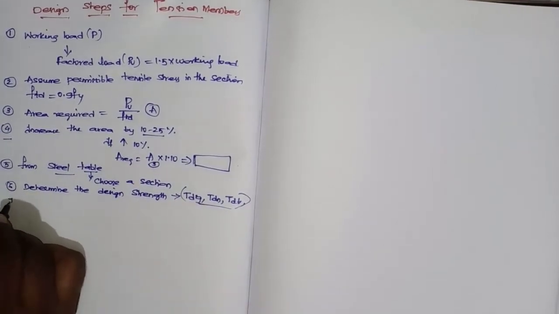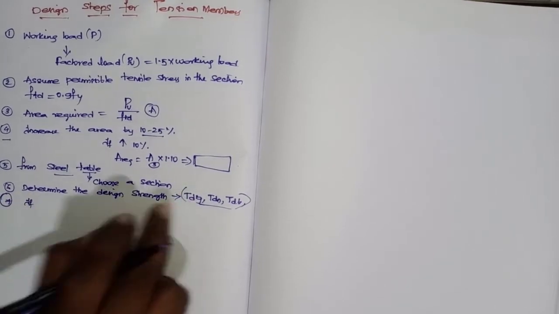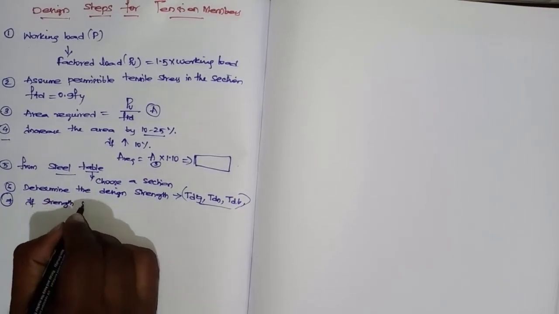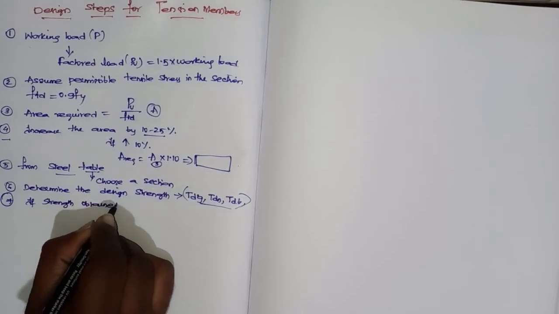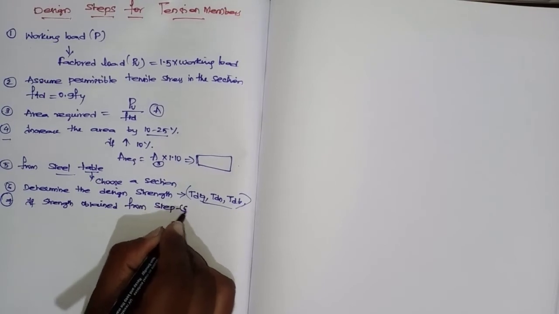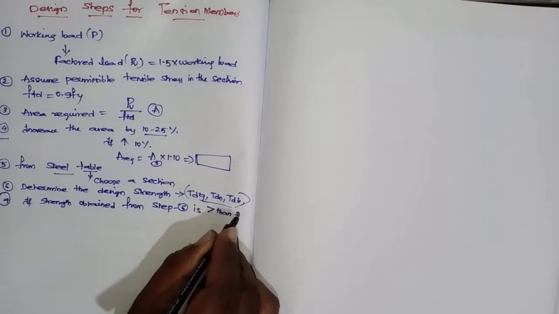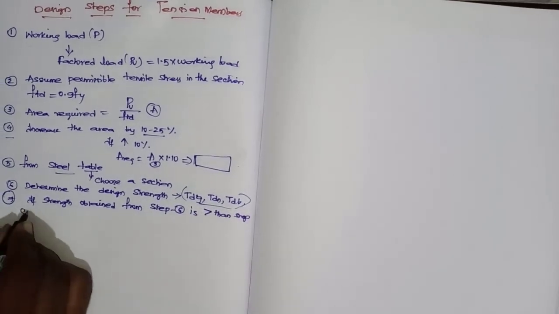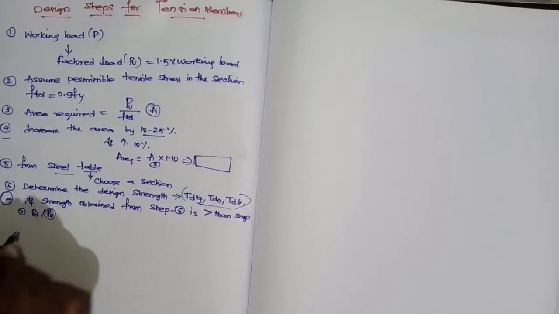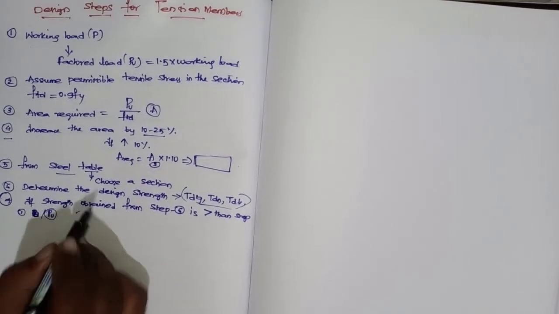Next, if the strength obtained from step 6 is greater than step 1, that is PU, this is PU and this is PD, then what you obtained is correct.